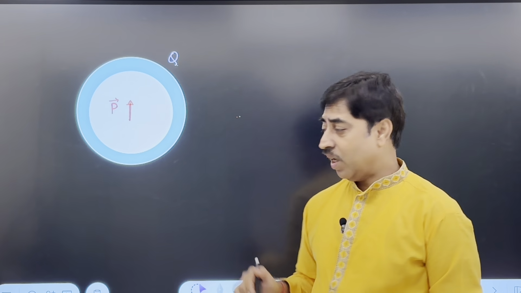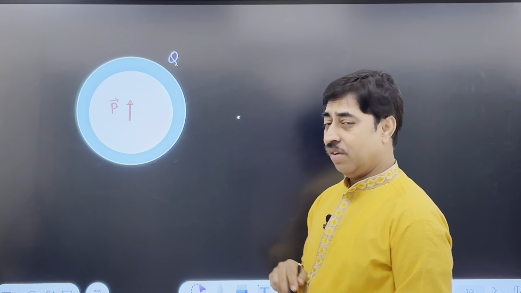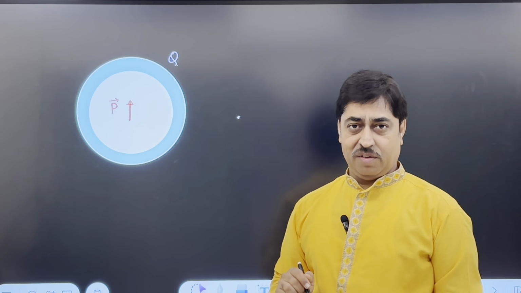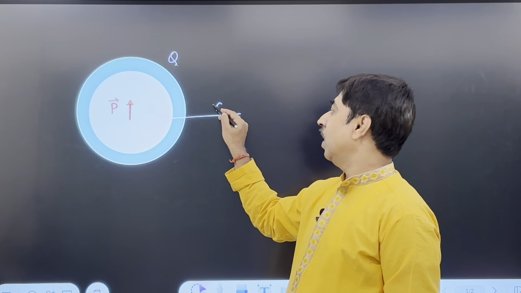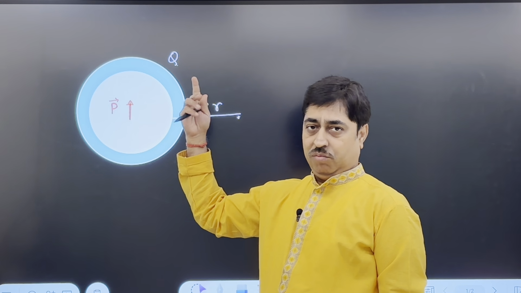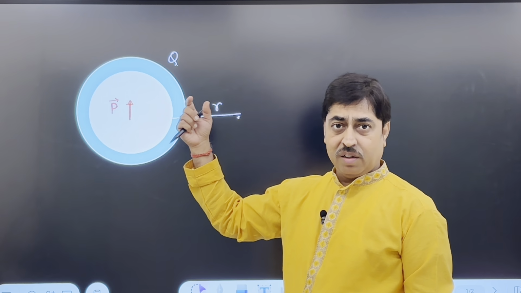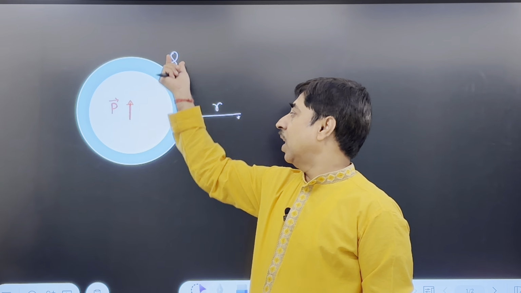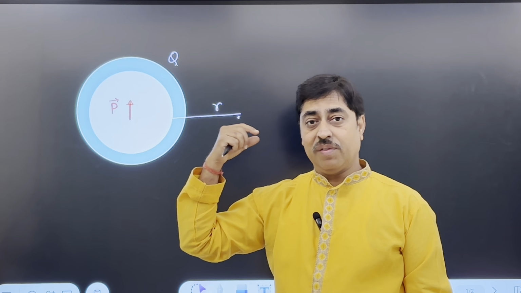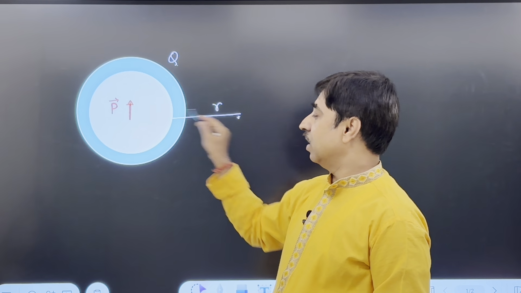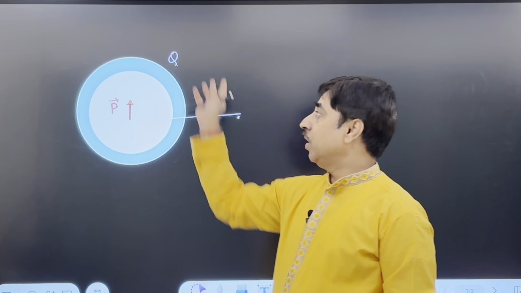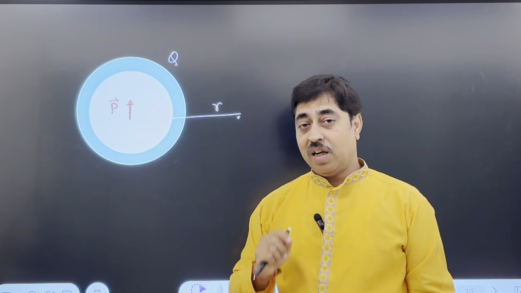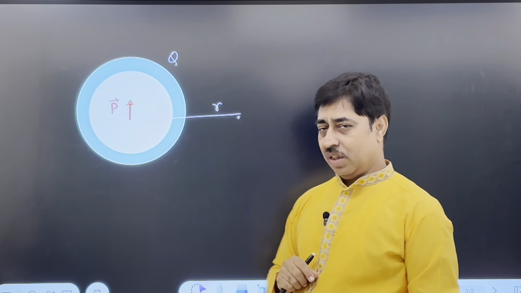Will you say that the field is kq by r square, where q is the charge on the shell? That means you are assuming that this charge q is kept at the center of the shell and you are standing at a distance r from that charge. So just by assuming that there is a point charge at the center, can you write the electric field at this point?